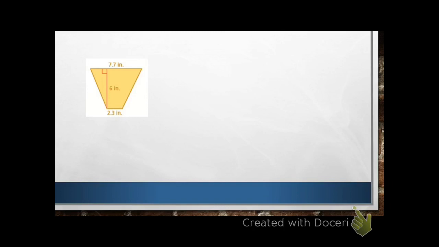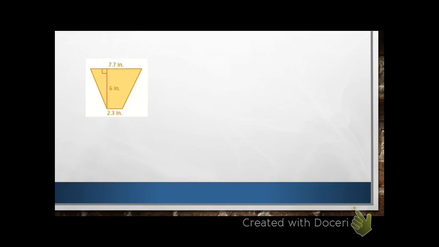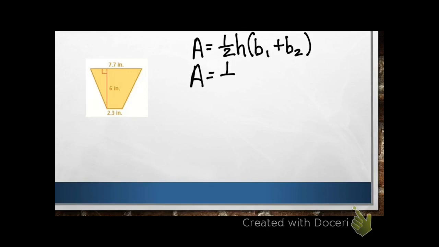All right, let's see how you did. You should have started with your formula. A equals 1/2 of the height times base 1 plus base 2. And then you should have plugged in your numbers. Obviously the 1/2 stays. My height is 6. My bases are 7.7 plus 2.3.